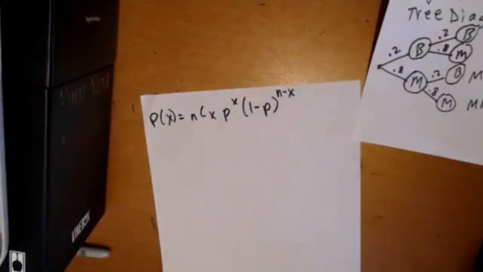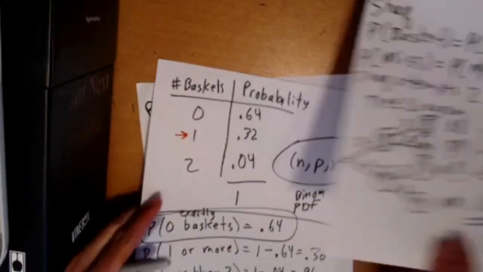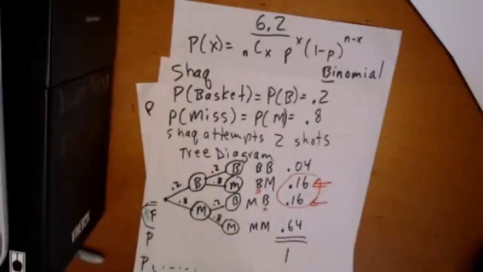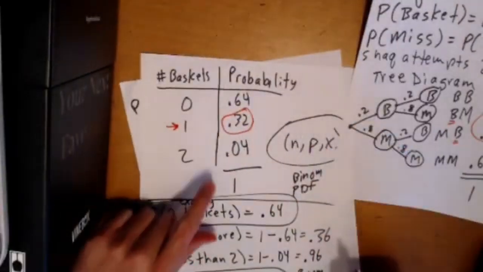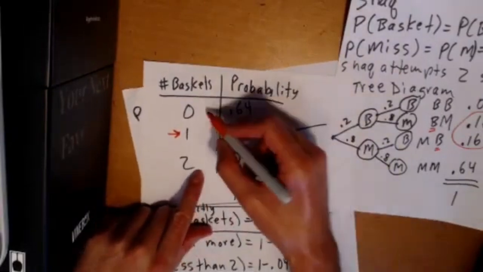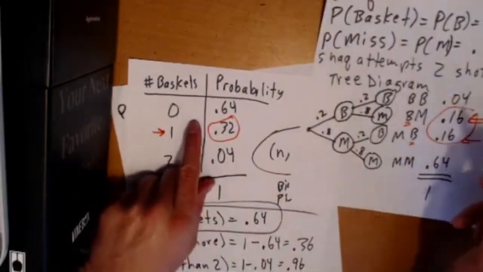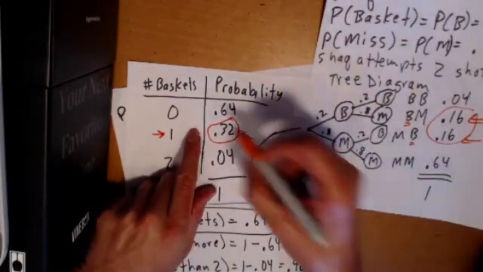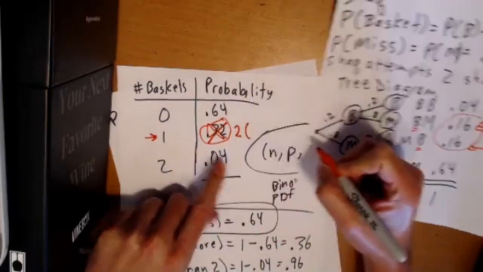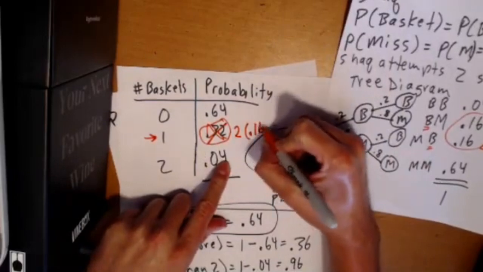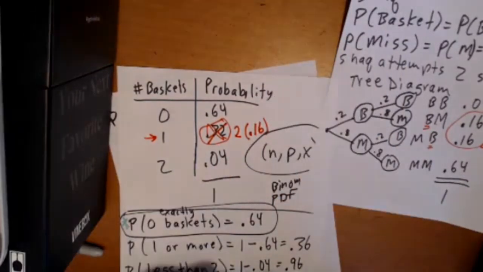Remember how we got this value right here? There was one situation in which we made no baskets. So what if I instead put 2 times 0.16? Probably should have done that in the beginning.